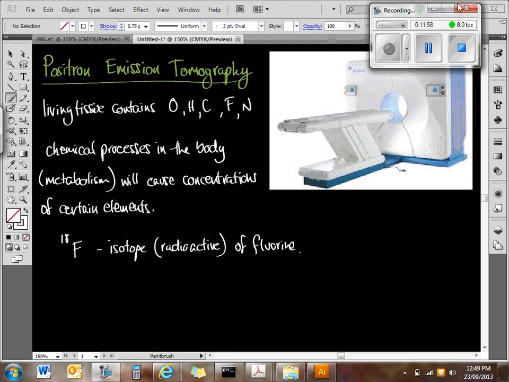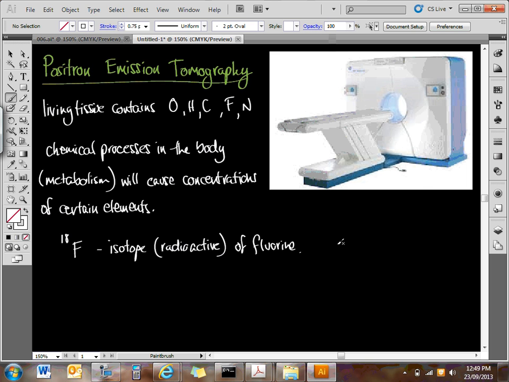It's a radioisotope of fluorine, which of course emits radiation. This type of radiation, beta plus. This is useful. The body uses fluorine in glucose metabolism.